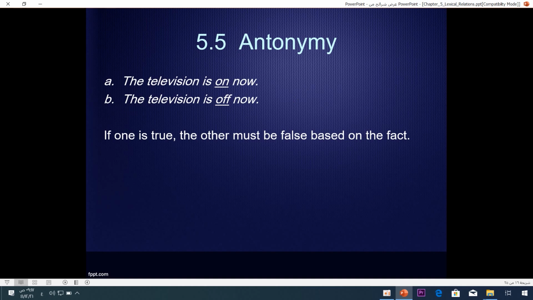You cannot say that the television is not on now and it is not off, because if you negate the first one, then you are confirming the second one. The negative of the first sentence means the positive of the second one. If I say the television is not on now, it means that it is off.